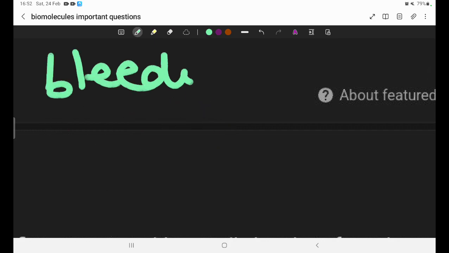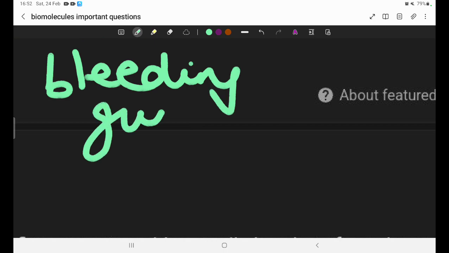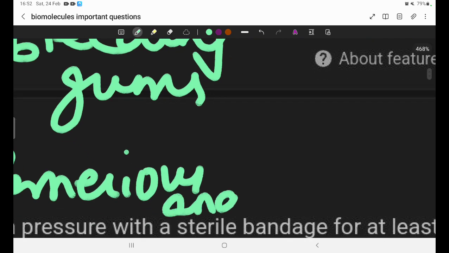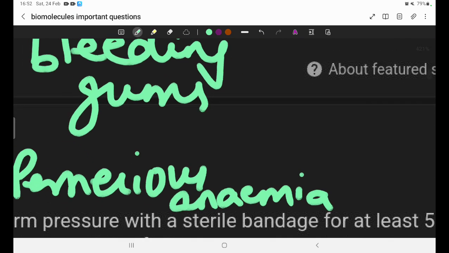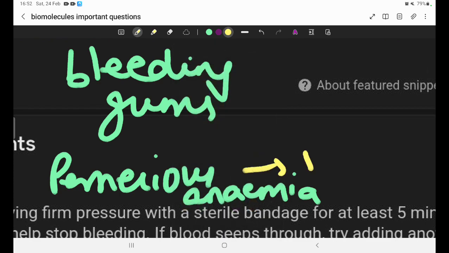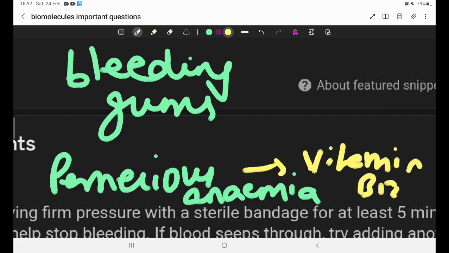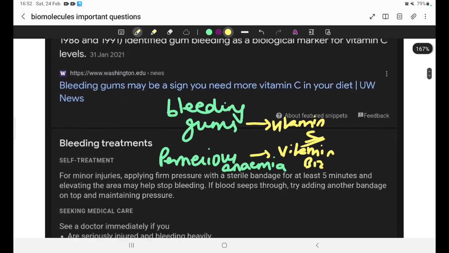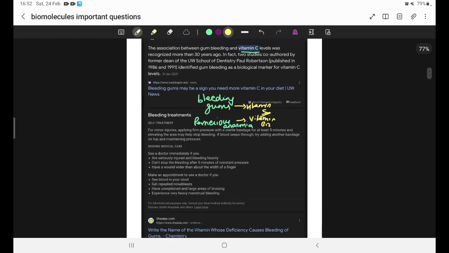Bleeding gums, pernicious anemia. This is vitamin B12. And what about this one? Vitamin C. So you can remember like that.